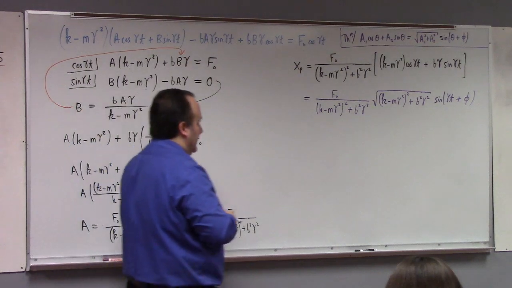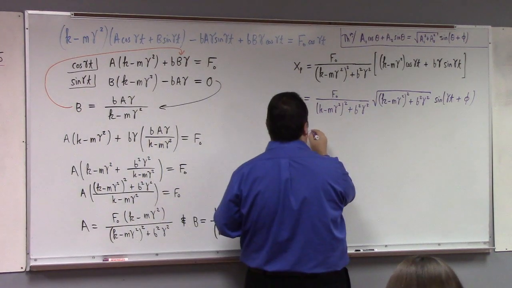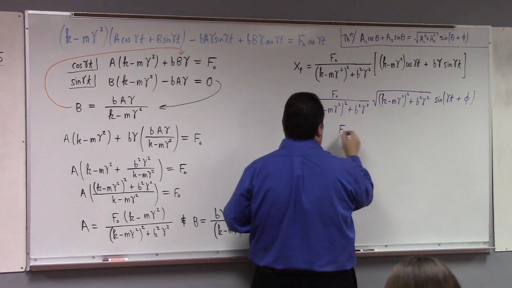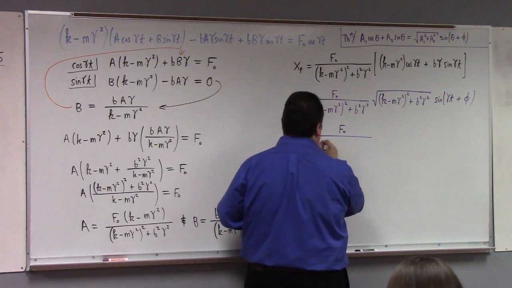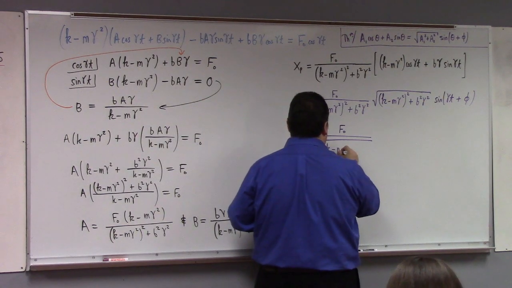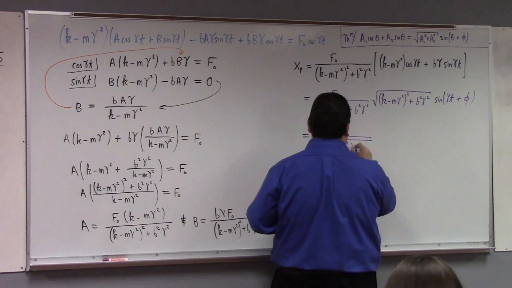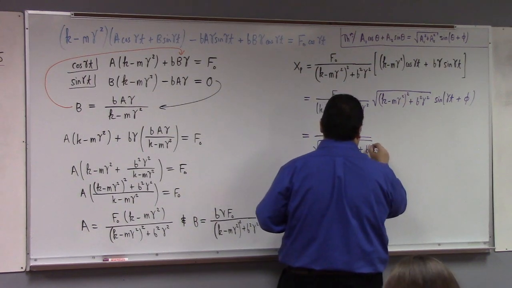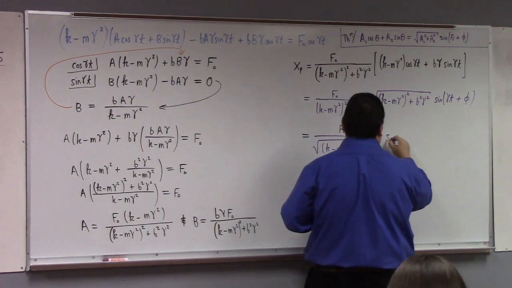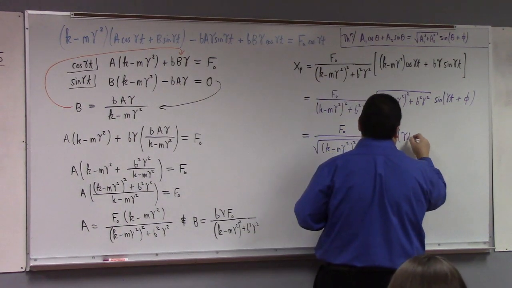The larger point is that after we simplify this, we can see what we have. We have f naught over the square root of (k minus m gamma squared) squared plus b squared gamma squared, times the sine of gamma t plus phi.